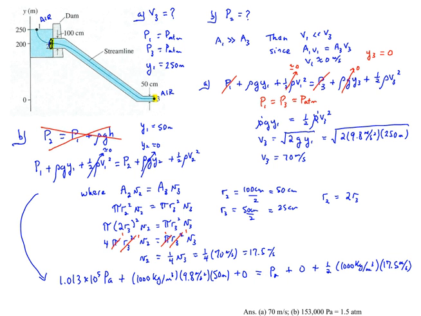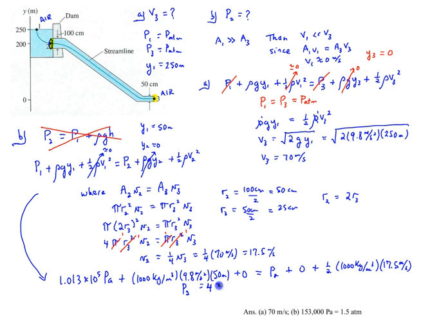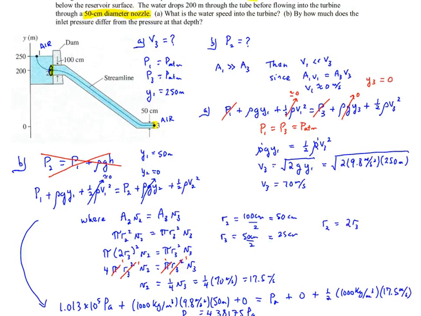And so go ahead and put that in your calculator to find out what you get for pressure 2. And you'll get a pressure of 438,175 pascals, and that's clearly not the answer that we have down below. That's because that's the absolute pressure at 2. And what the question is asking you above is what is the difference between the inlet pressure, which is what we found, and the pressure at that depth without the fluid moving.